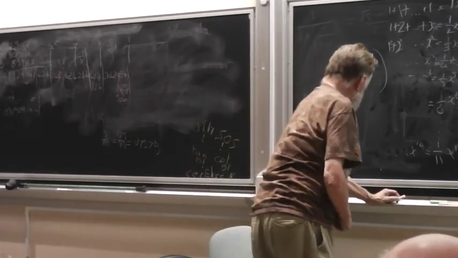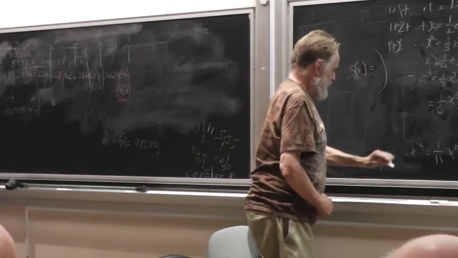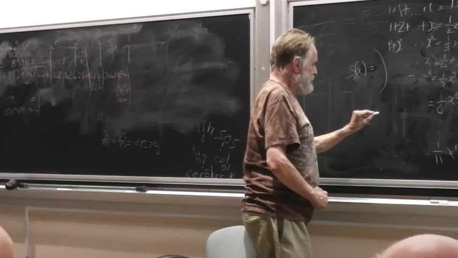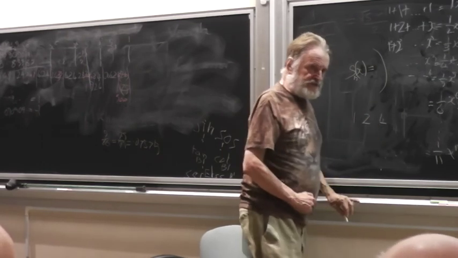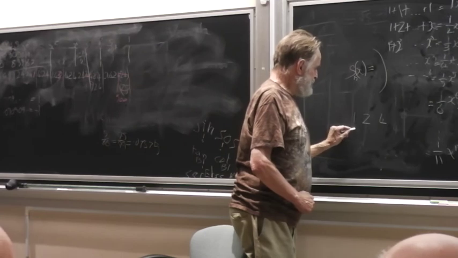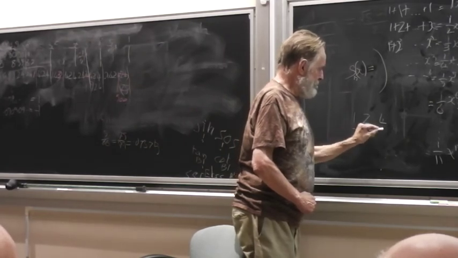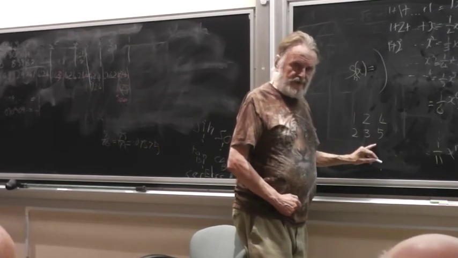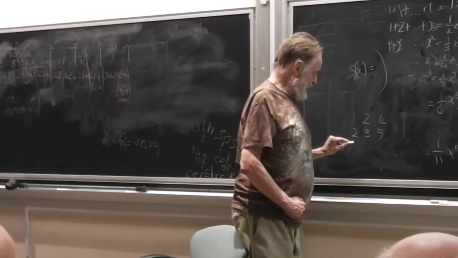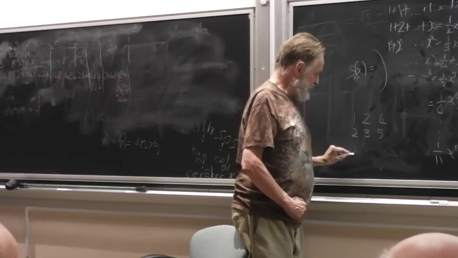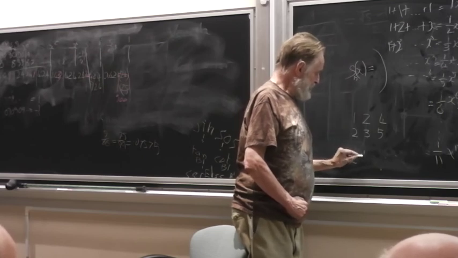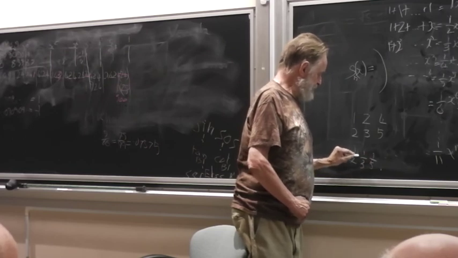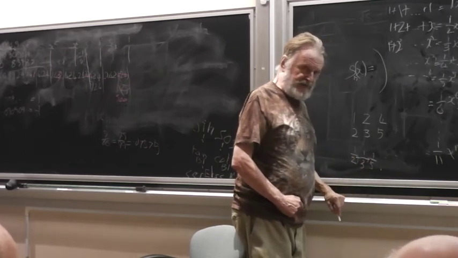You take your number n. I shall take n equals 4. You write down the divisors of 4. You increase them by 1. And then you strike out any that aren't prime. And so the answer is that B4 plus a half plus a third plus a fifth is an integer.